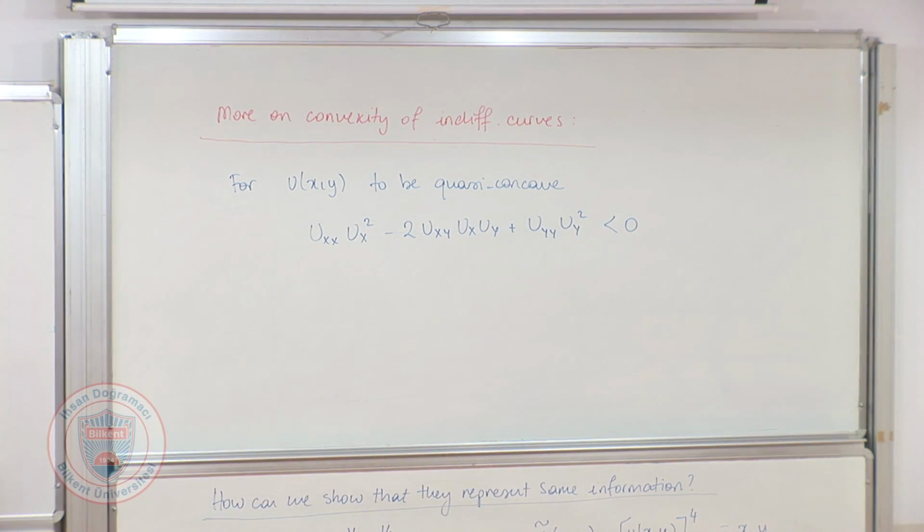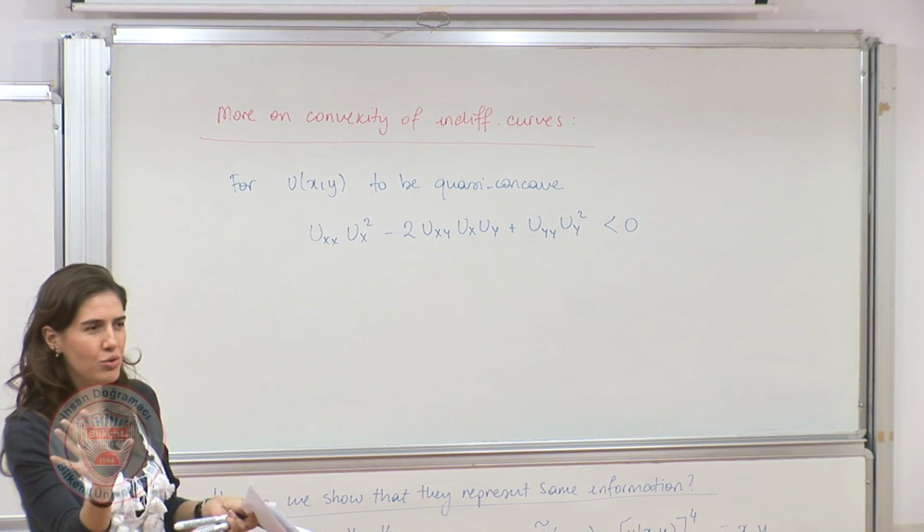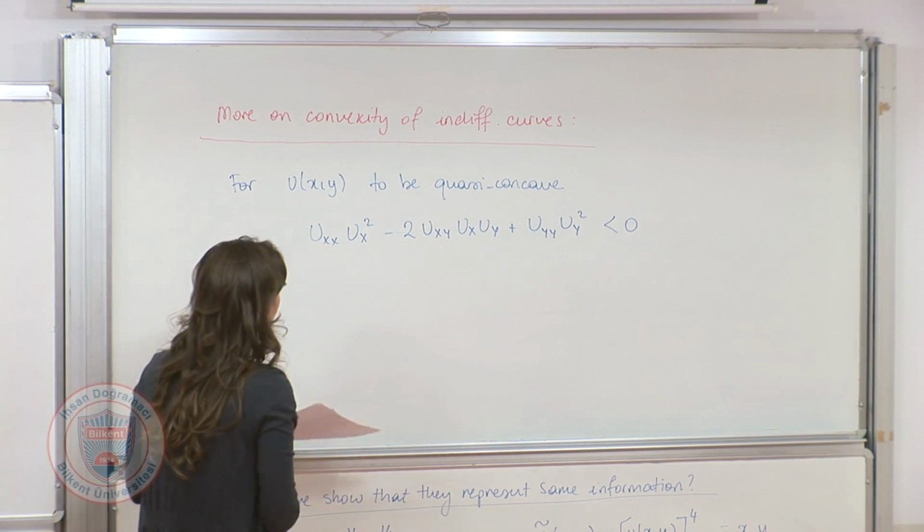Don't worry, I will never ever ask this, that's why I gave the other definitions and the visual interpretation. You don't have to memorize it. But let's try to understand what's going on, okay?